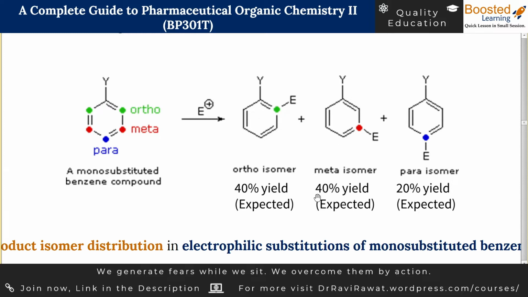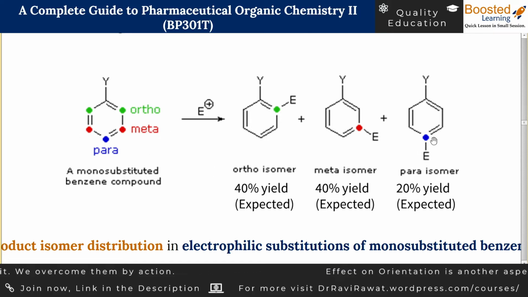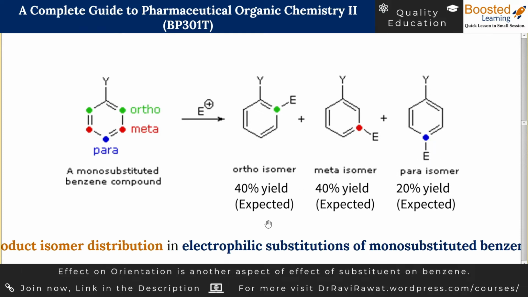Similarly, 40% chance that the meta product is formed. And there are 20% chance, because that para position is only 1 position, so there is only 20% chance that the electrophile will add on this particular site. So this was the distribution of product as per the probability. Because if you have put this reaction, you can expect these 3 types of products, these 3 isomers, in this percentage of yield.